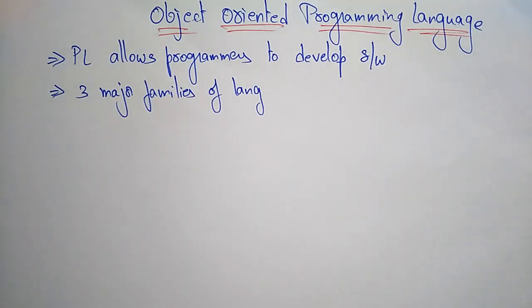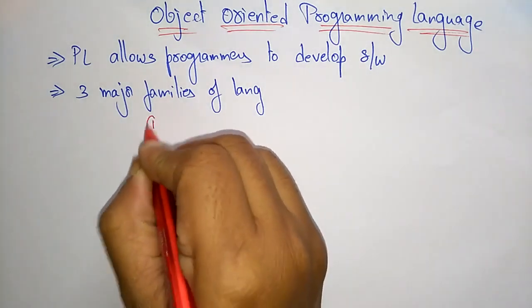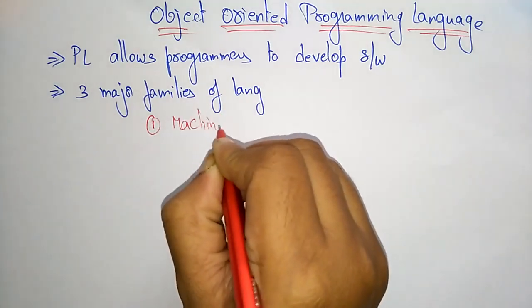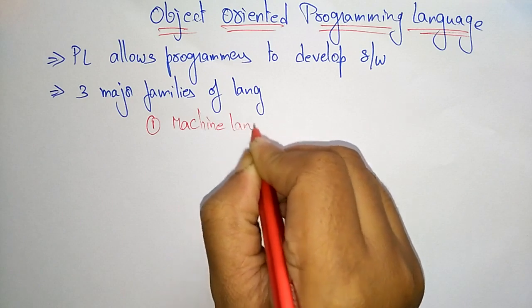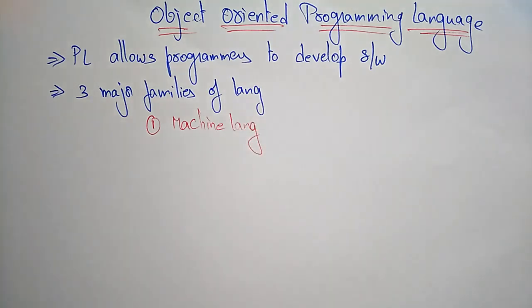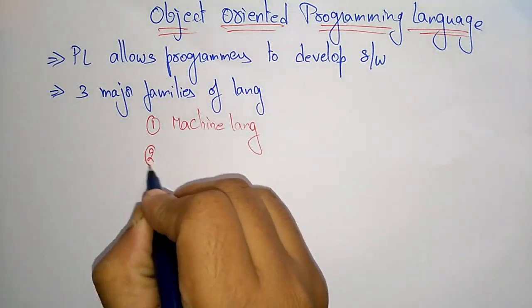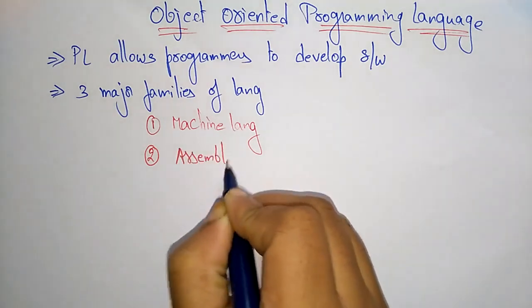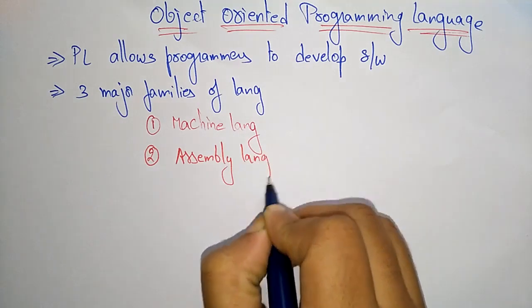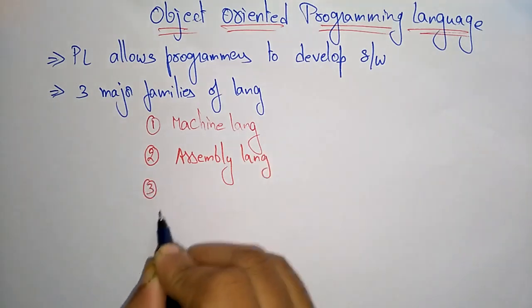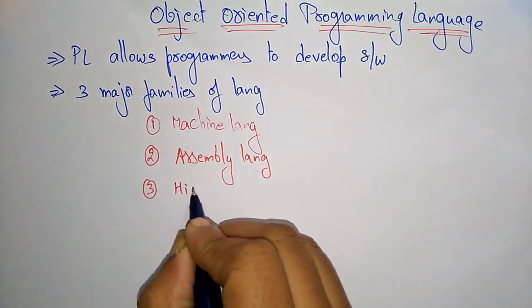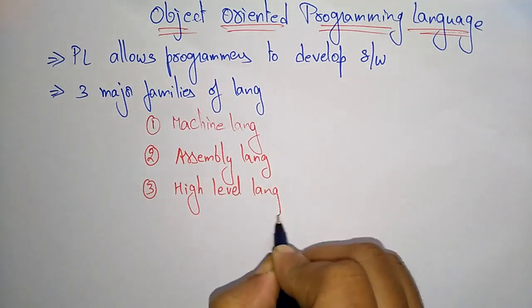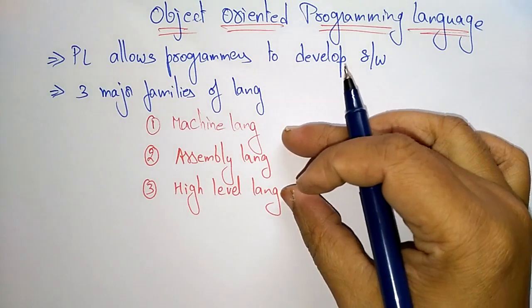One is the machine language, another is assembly language, and next is high level language. So these are the three major families of languages.